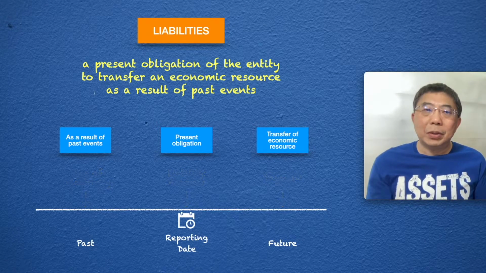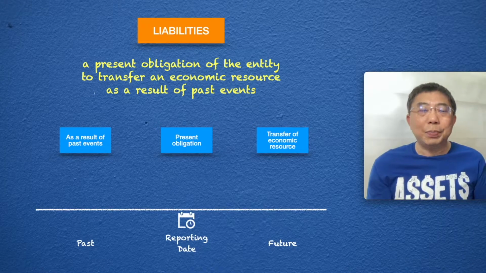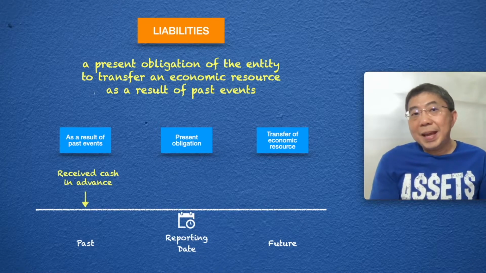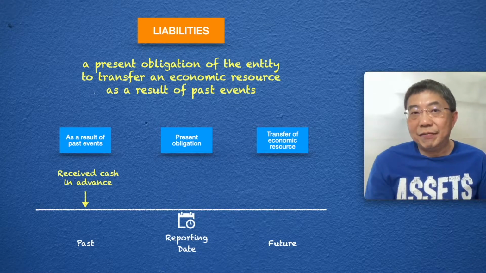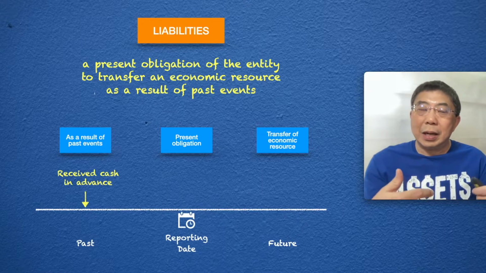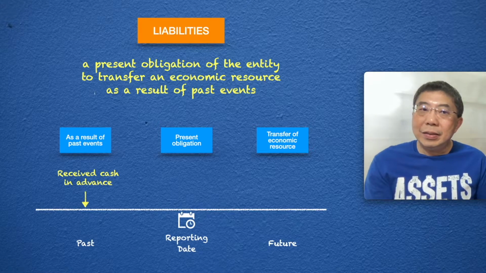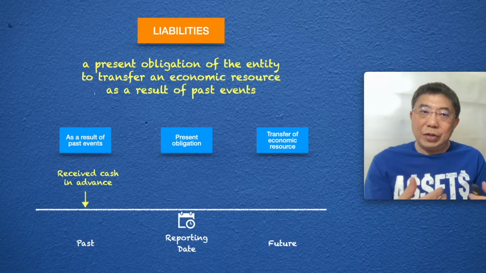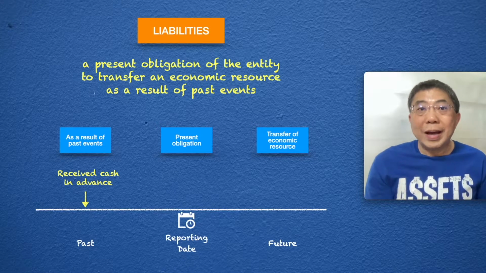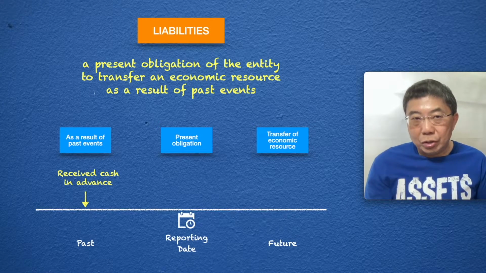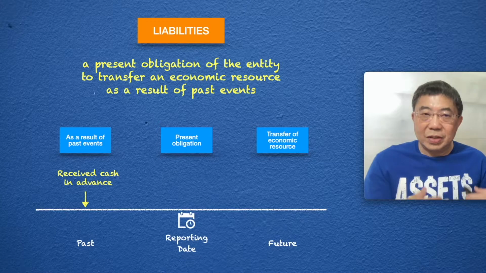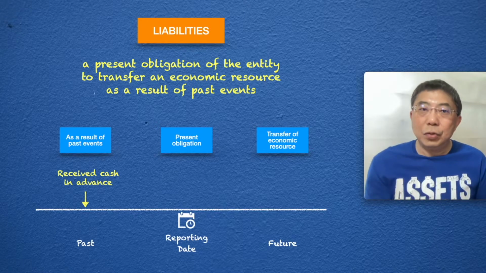Another example of liabilities could be that the business may have received cash in advance for its products or for its services sometime in the past. And this receipt of resources gives rise to a present obligation to provide services or products in the future.